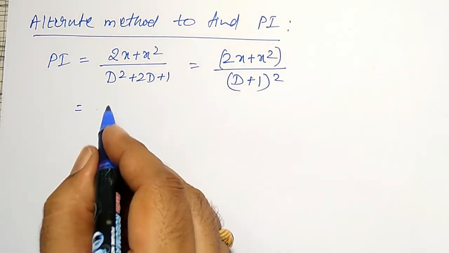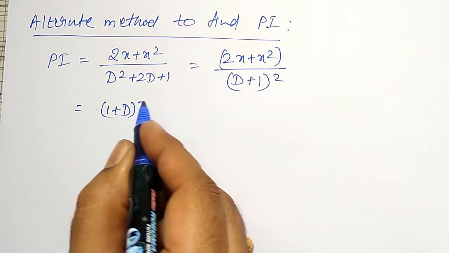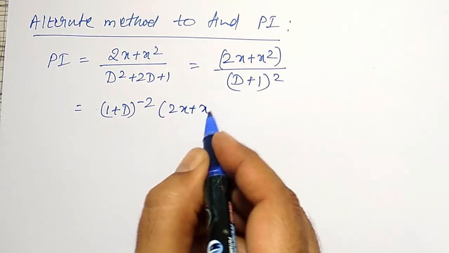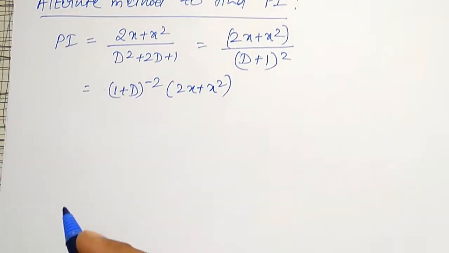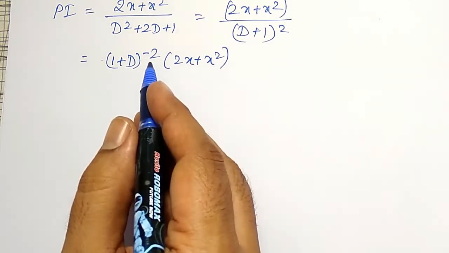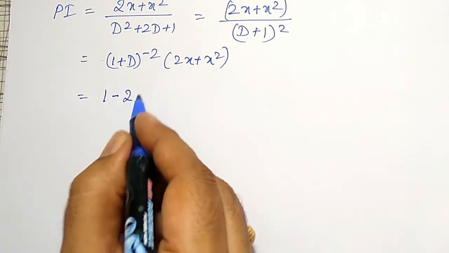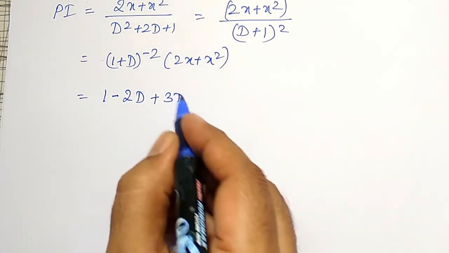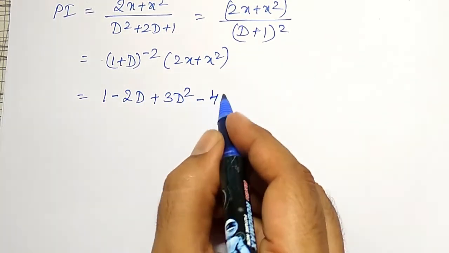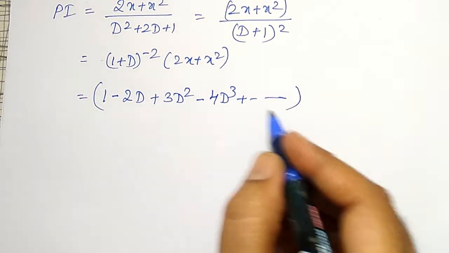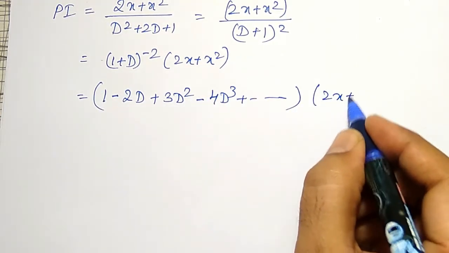Or this one I can write as 1 plus d raised to minus 2, taking the numerator into 2x plus x square. The expansion for 1 plus d raised to minus 2 I can use as 1 minus 2d plus 3d square minus 4d cube plus so on up to infinity terms, into 2x plus x square.